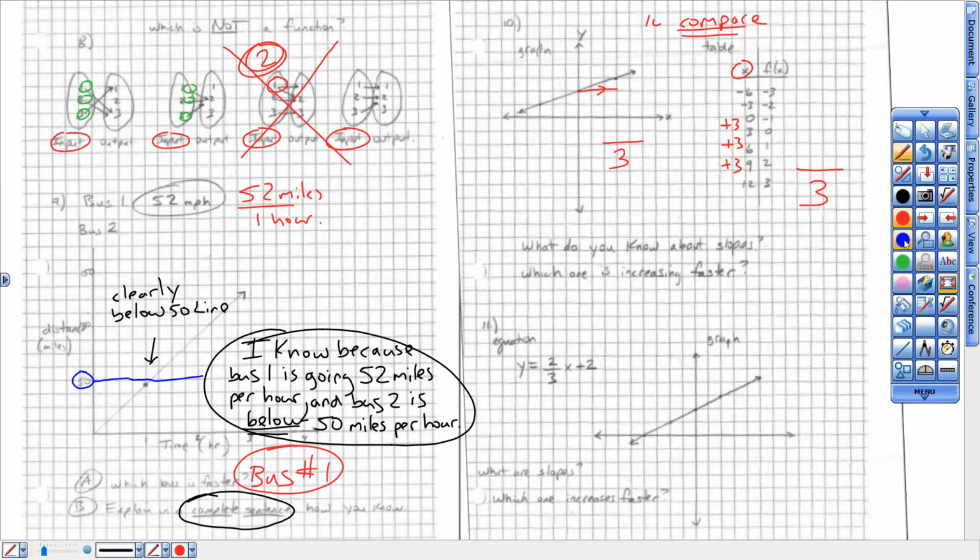And then for my graph, I look up, going up by 1. That's 1. I look up here, this is going up by 1. So I put that 1 right there. And I could say right there, what do you know about the slopes? They are equal, not equivalent.